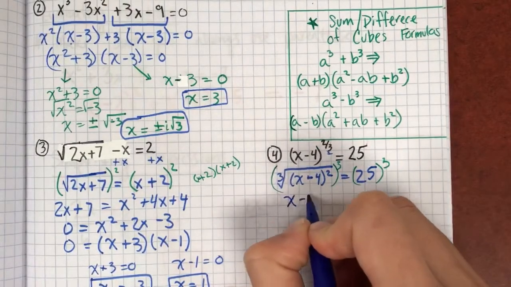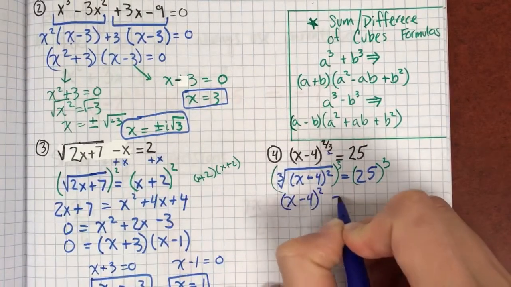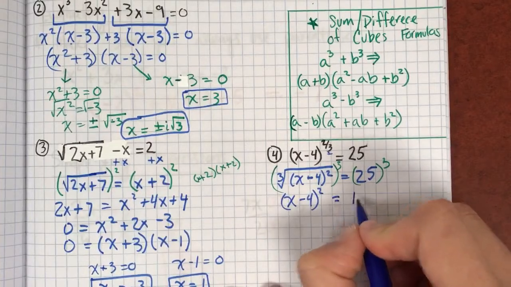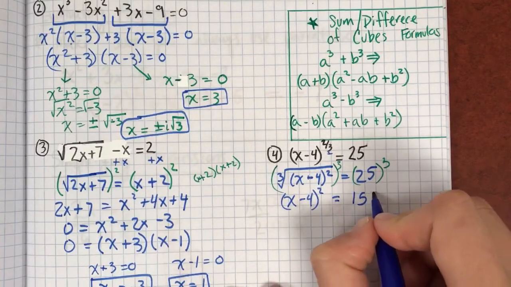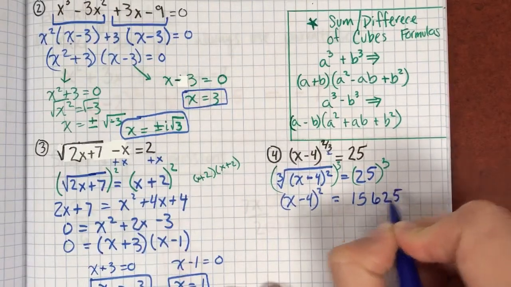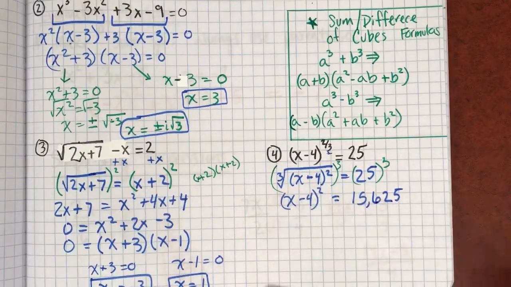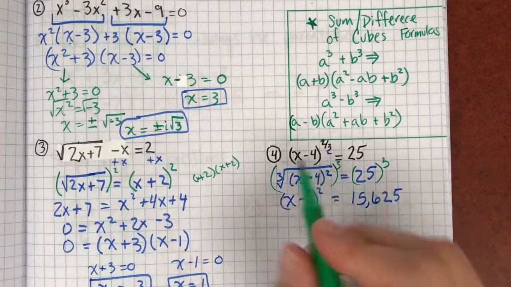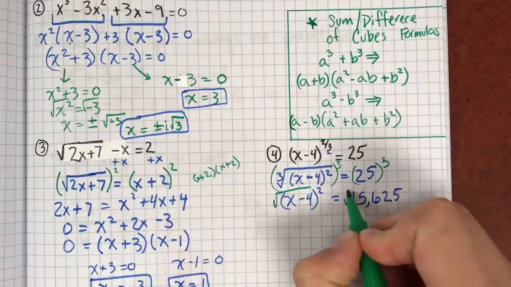So we're left with x minus 4 squared equals 15,625. Okay, now we undo our square. Square root both sides.